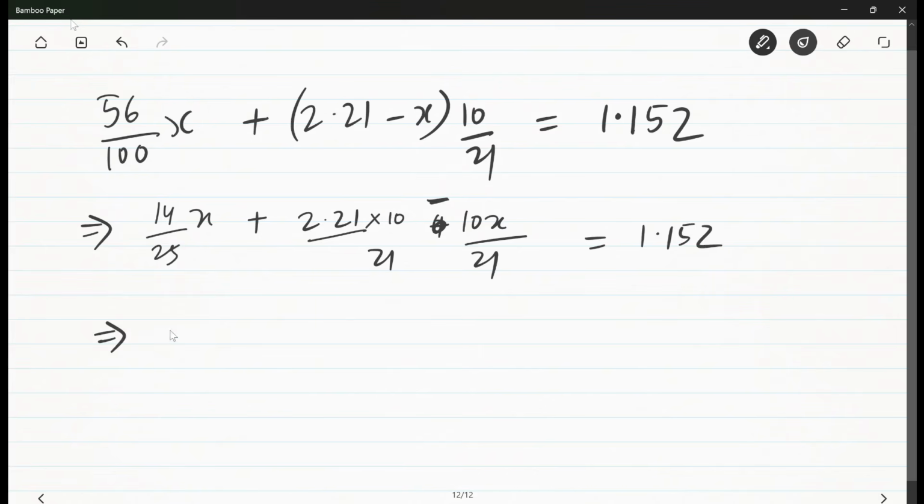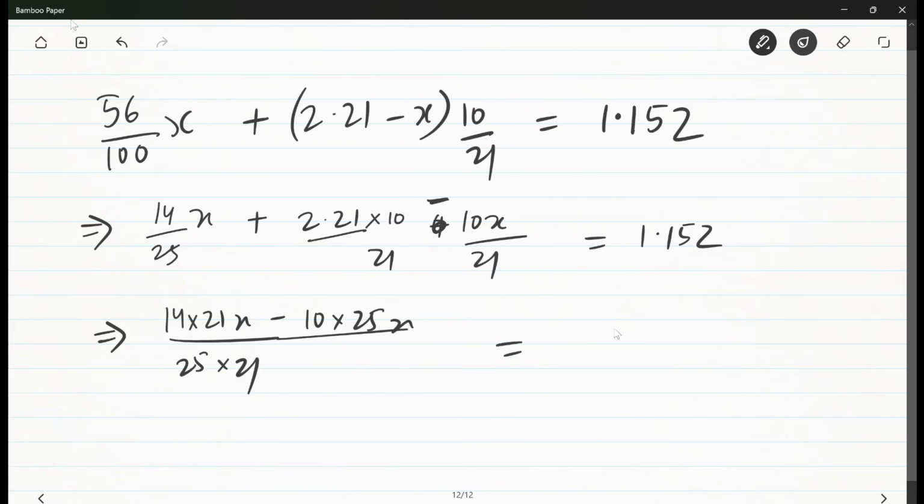Now whatever you do, solve it. So here 25 into 21 LCM. 14 into 21x minus 10 into 25x.